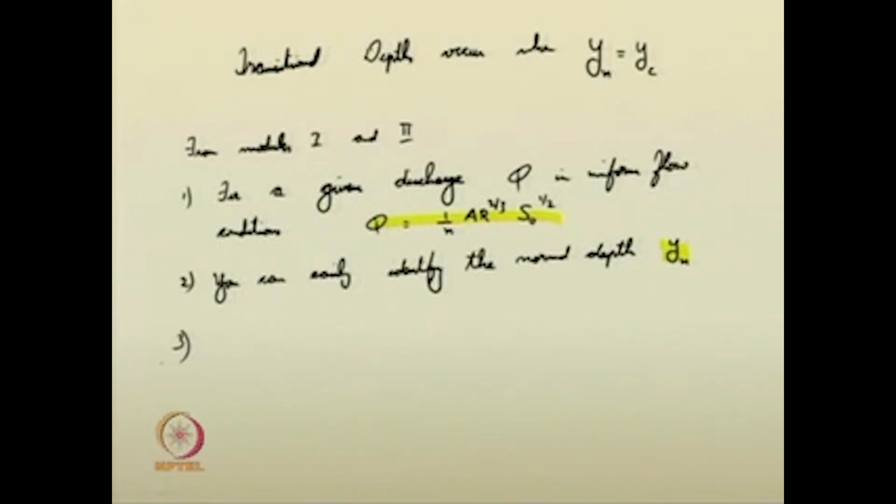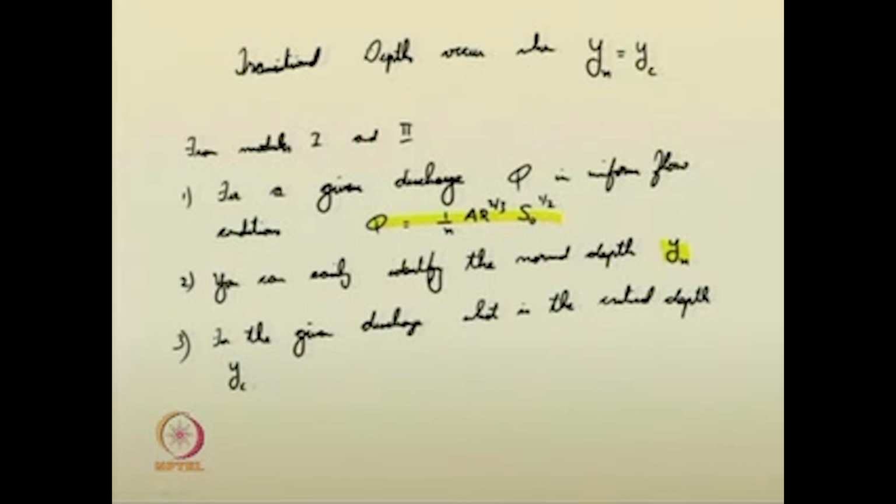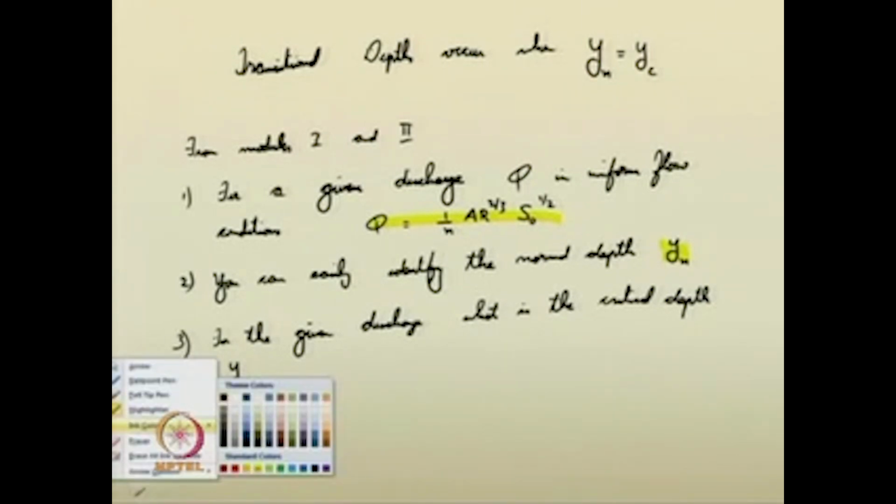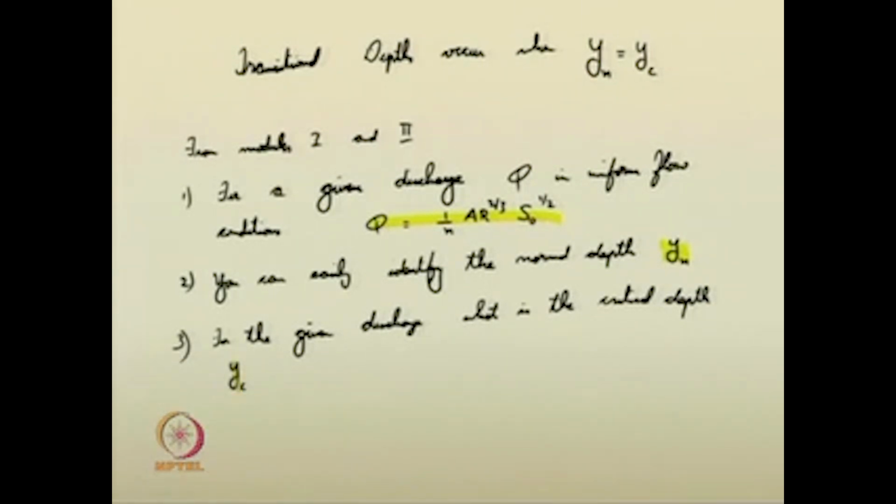Once you compute the depth y n for the given discharge, what is the critical depth y c? That can also be computed. You can also compute the critical depth, y c.